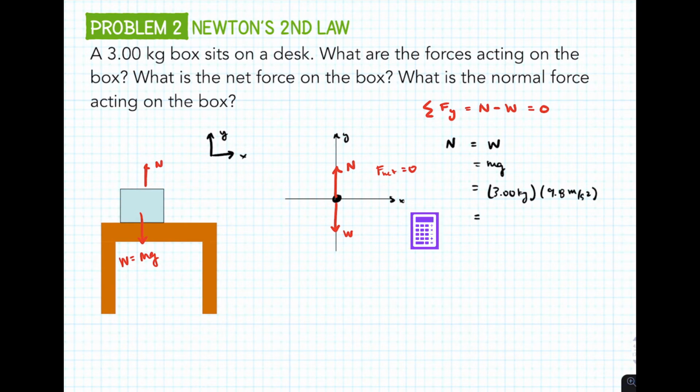So that's going to give us 29.4 newtons. Remember, a newton is a kilogram meter per second squared. And which direction is that going to point? Which direction is the normal force? Positive y hat, right? So pointing up, essentially. You could also write up, and that's our normal force. So that answers that question.